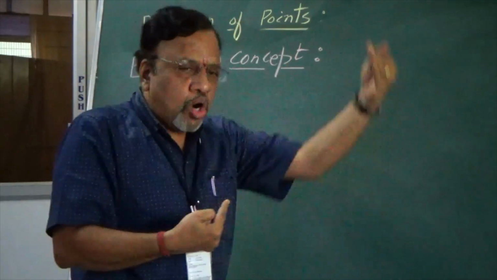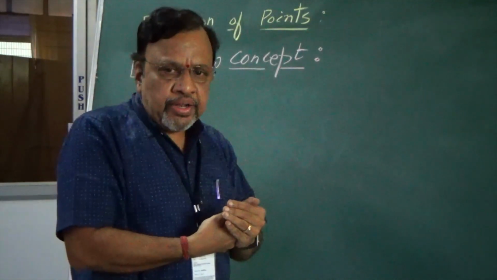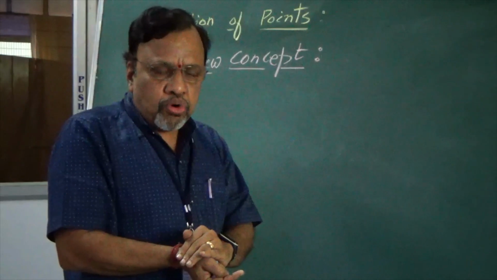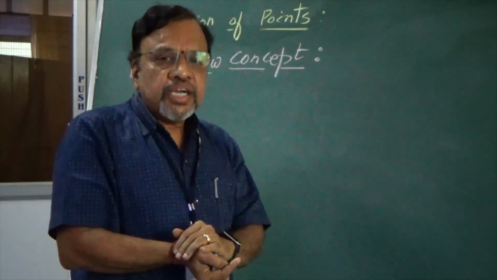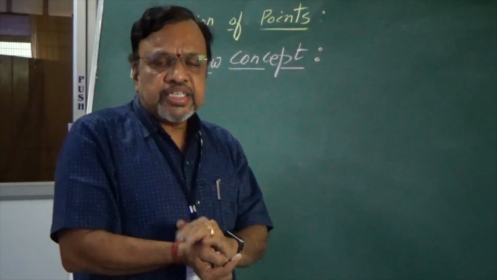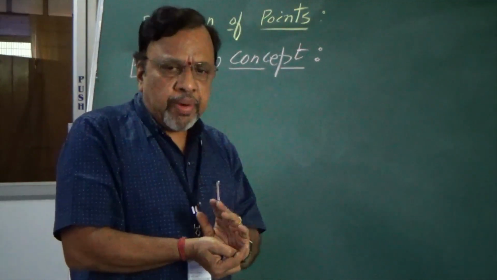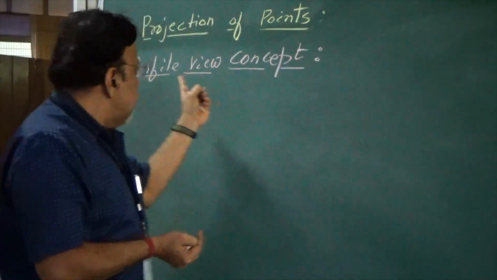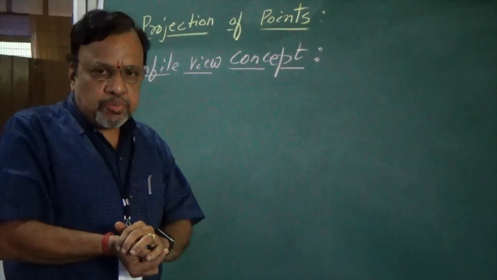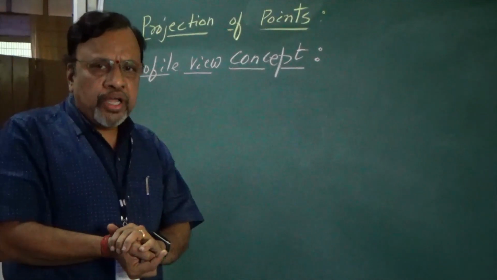To project it, we want one plane. That plane, which is perpendicular to both the horizontal plane and the vertical plane, can be considered a profile plane, or simply PP. So in this session, I will be giving the concepts corresponding to this profile plane.